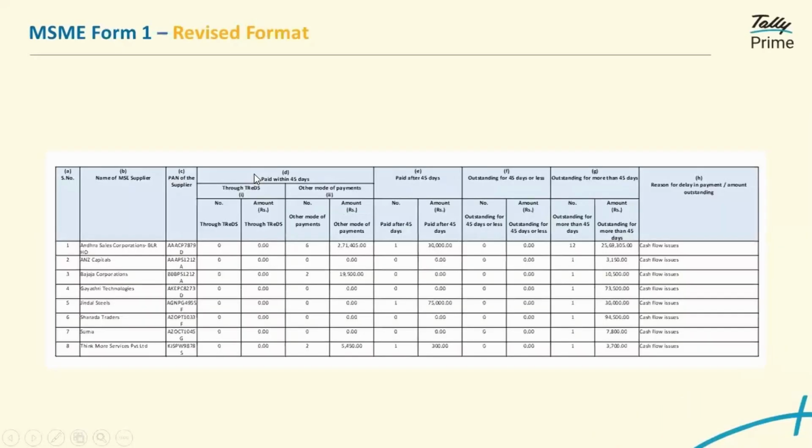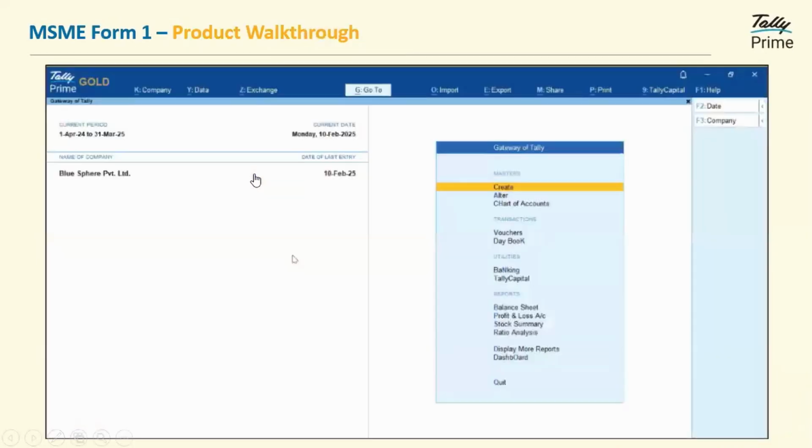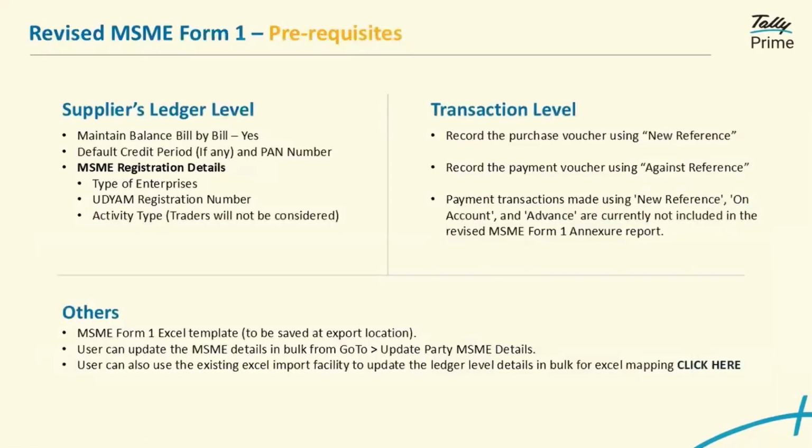Now let's see how Tally will help in this. So in simple terms, the first thing which is necessary to have this compliance from Tally is that you have to maintain all the party ledgers for whom MSME compliance is to be done. That ledger should be bill by bill. The ledger should have the Udyam registration number of our supplier.